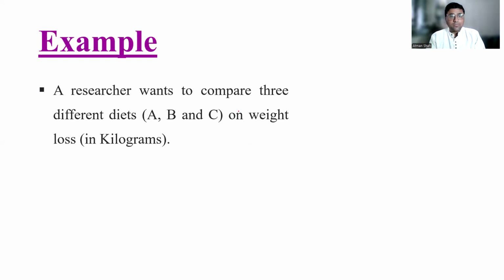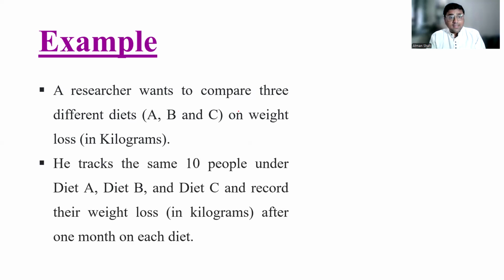See this example. Suppose a researcher wants to compare three different diets A, B, and C on weight loss. Here he tracks the same 10 people under three diets A, B, and C and records their weight loss after 1 month on each diet.